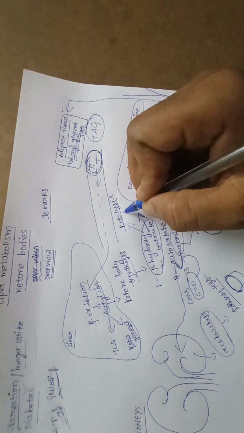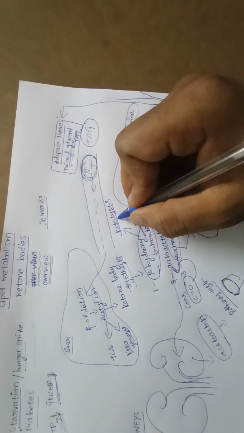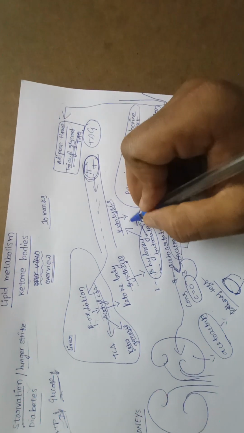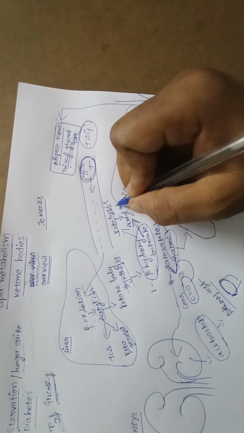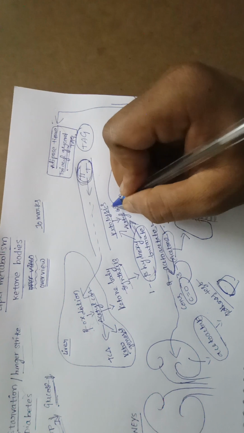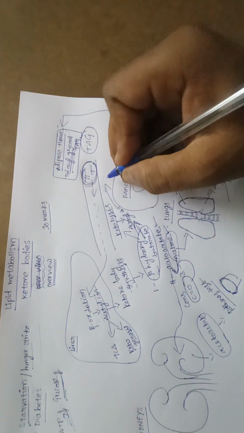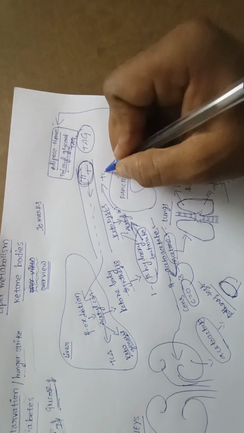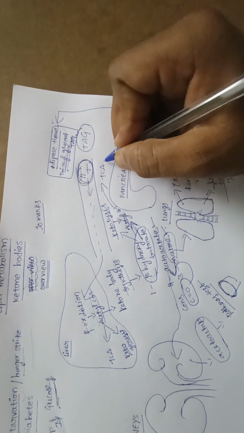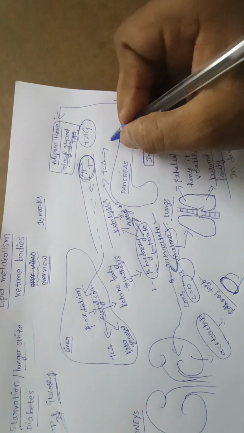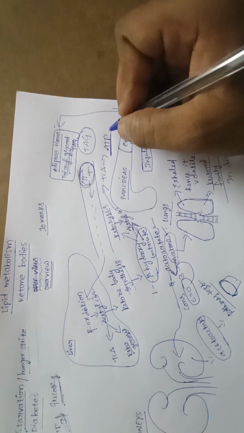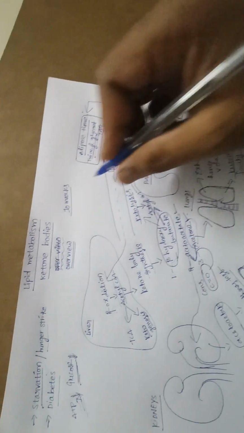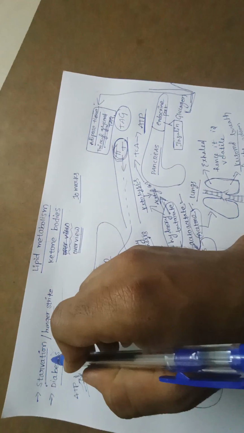Ketolysis gives us acetyl-CoA again. Once this acetyl-CoA is formed, it undergoes the TCA cycle, the Krebs cycle, and we get energy in the form of ATP. So this is what ketone body synthesis is in starvation.